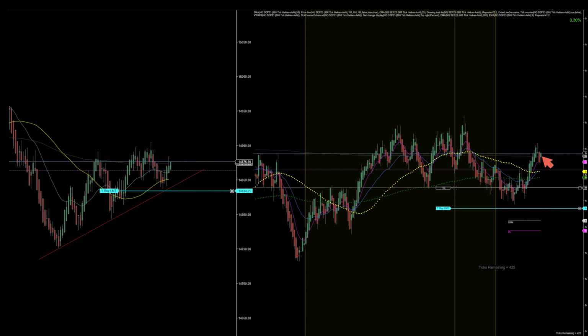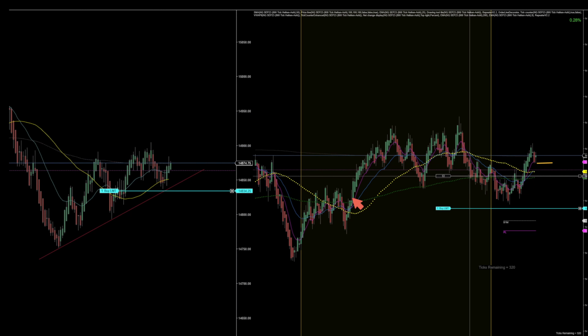Okay, this is nice. There are some buyers answering back to that red bar here. This is also a key level here, the 9 exponential, can be a bounce from here, because usually if it is a trend, they usually bounce from the 9, and deeper pullbacks usually bounce from the 25 or 21 exponential.